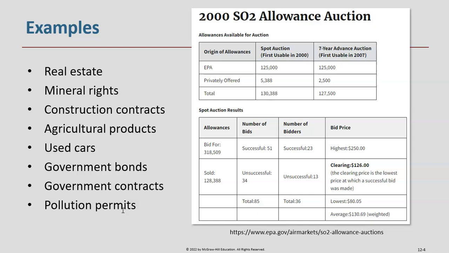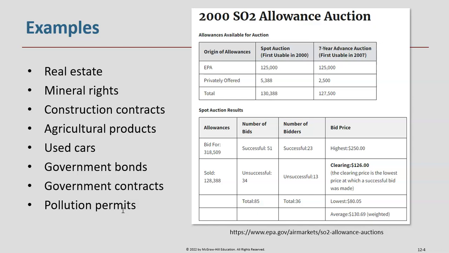With the 1990 Clean Air Act amendments, the federal government established a cap and trade program, or tradable pollution permit program, for SO2. They distributed a lot of permits freely, and then power plants could buy and sell those on an open market. And they also auctioned some of those.